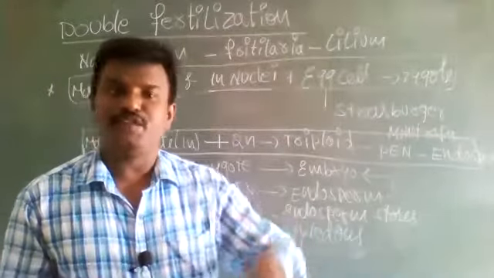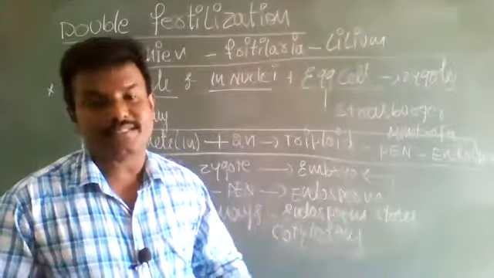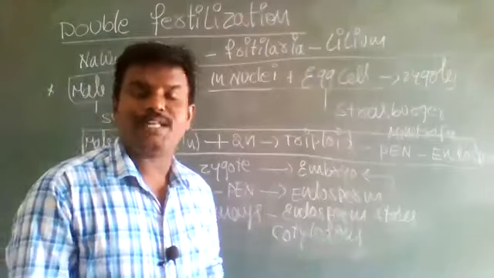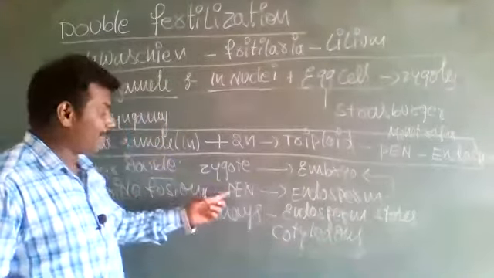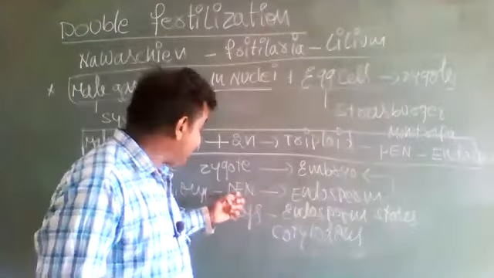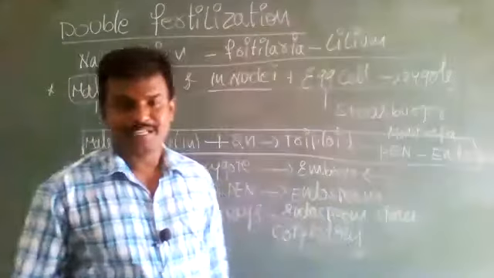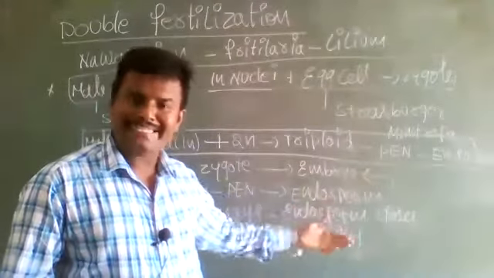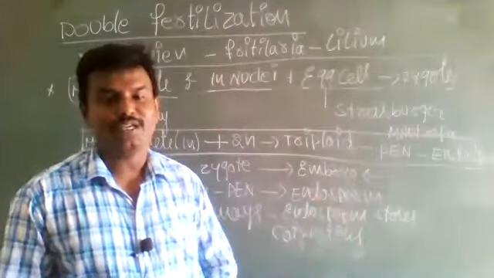Next, what is triple fusion? The fusion of the male gamete and the secondary nucleus is called triple fusion. What is the importance of triple fusion? The triple fusion results in the primary endosperm nucleus. As a result, endosperm is formed. The endosperm provides nourishment to the developing embryo. These are all the things you have to mention.